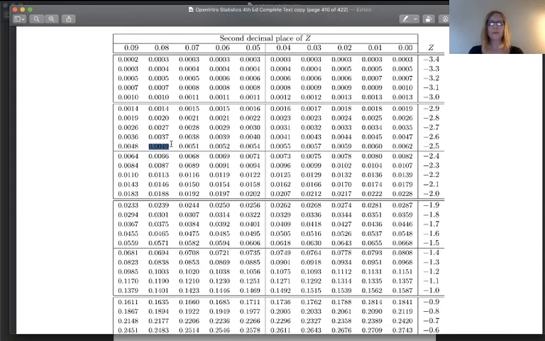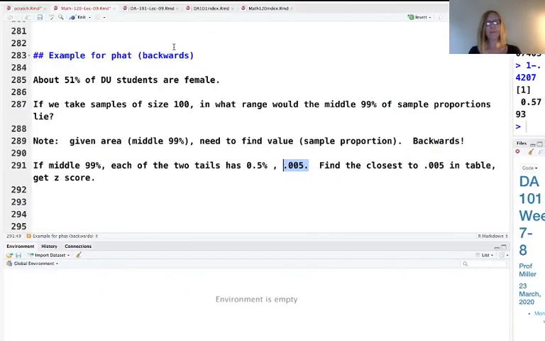You can see the one I've got highlighted, right? Those are both equally good, so I'm going to split the difference and take the one in the middle. That's a z-score. If you look over in the margin, the first decimals are negative 2.5. For the second decimal place, it's got to be in between 7 and 8, so I'm going to use 7.5. Negative 2.575.